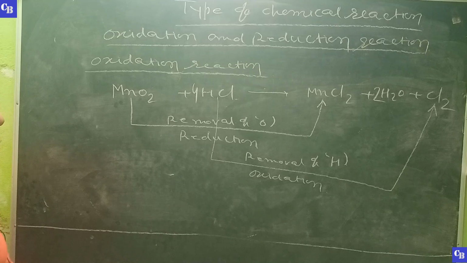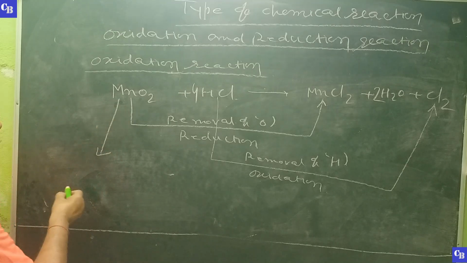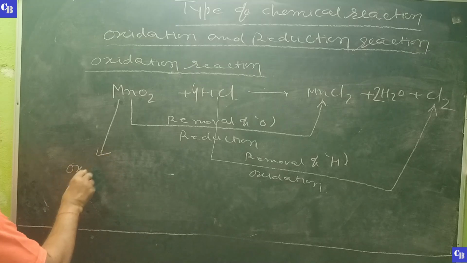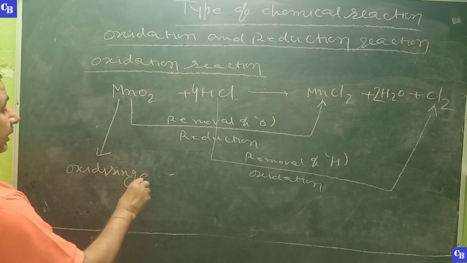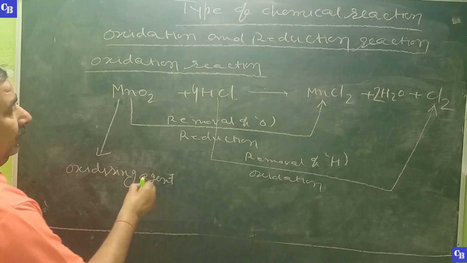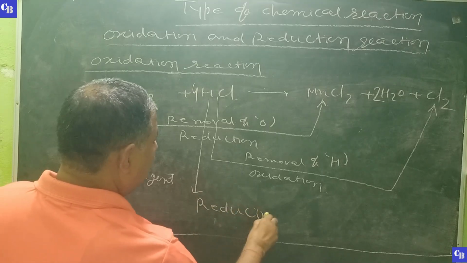The substance which is reduced is called the oxidizing agent, so MnO2 is the oxidizing agent, and HCl is the reducing agent.